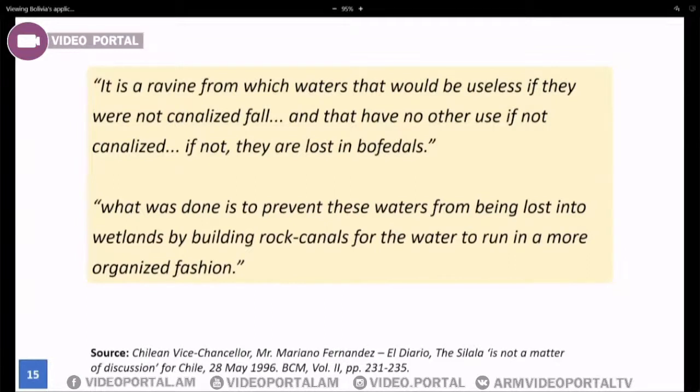In that same interview, the Vice Chancellor said, quote, what was done is to prevent these waters from being lost into wetlands by building rock canals for the water to run in a more organized fashion, unquote.